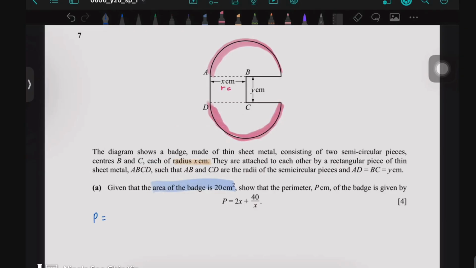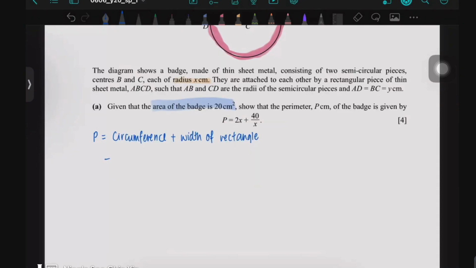When they combine together, it's actually your circle, so you have to use circumference. Their arc length added together with the width of the rectangle will become your perimeter.